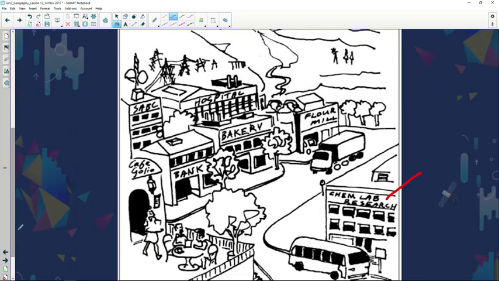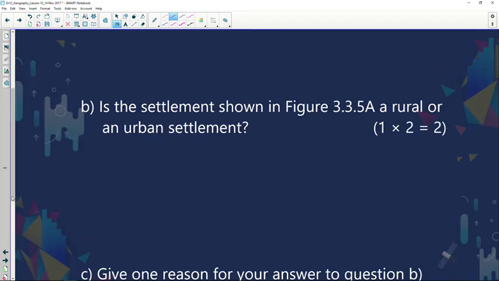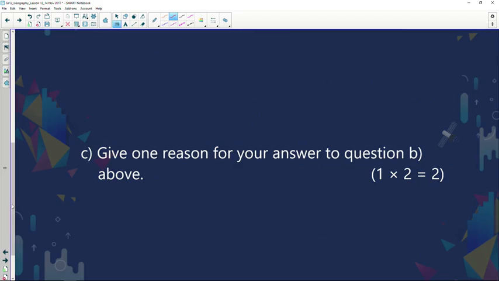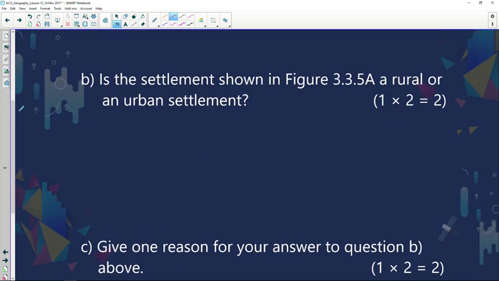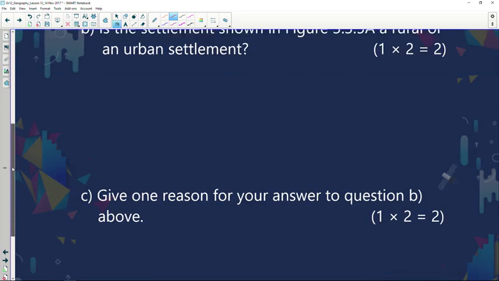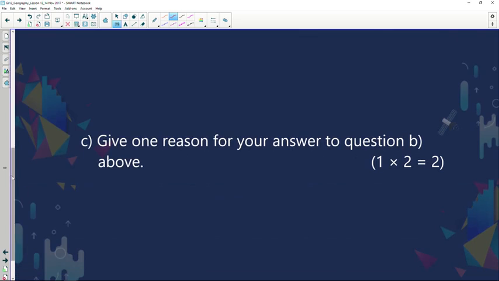And then I see quaternary activities as well, where there's research taking place. Now, is this a settlement? We've just answered this question. It's definitely an urban settlement. Give one reason for your answer: because there are no rural activities taking place in the diagram.